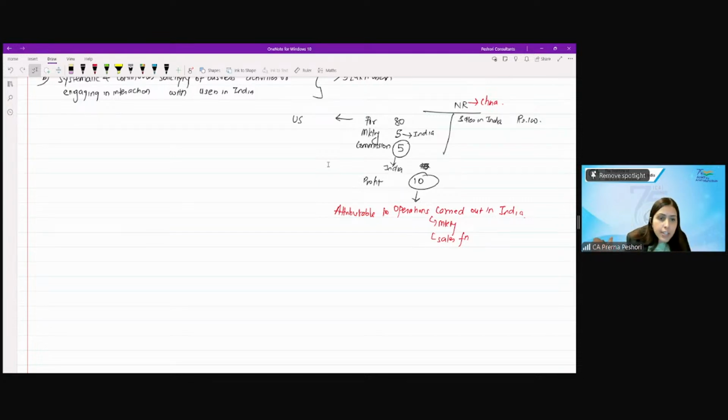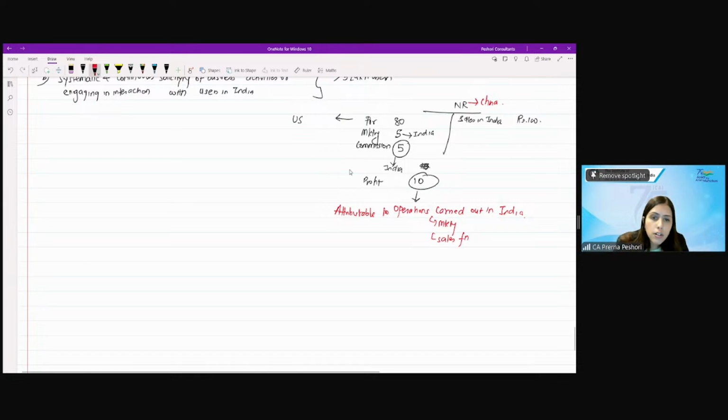We are packaging it in China and then selling it in India. So the majority of the activities are happening in China. So India cannot say we will tax the entire 10, because that will result in double taxation and extra territorial taxation, because when activities have not happened in India to earn that 10, how can India tax the entire 10?